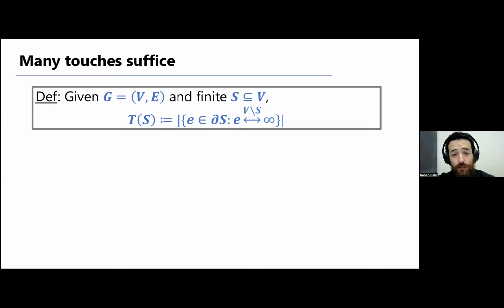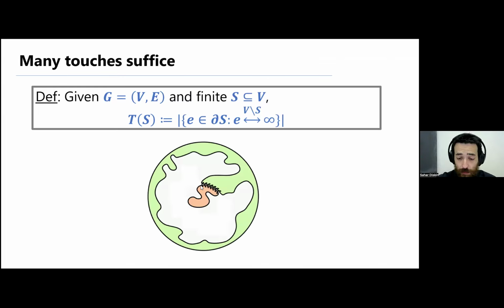Given some graph G and again a finite set S, I denote by T of S the number of edges on the boundary of S which are connected to infinity without going back to the set S. So for example, this is my set S, and I'm interested in the edges that go to this infinite green component without having to go back into the set S. So I don't care about an edge like here that has to go back to S and only then manages to go to infinity. I want to be able to go directly to infinity without going back to my set S. So T of S is the number of these edges.